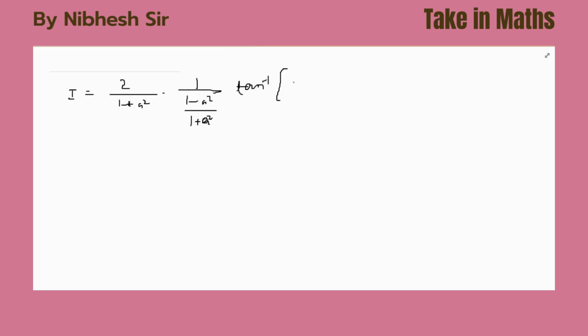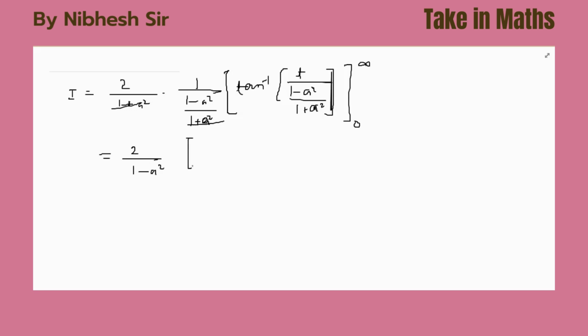So x is your t divided by (1 minus a square) by (1 plus a square). The limit is 0 to infinity, so I apply it here. This factor cancels out, so this is 2 by 1 minus a square.